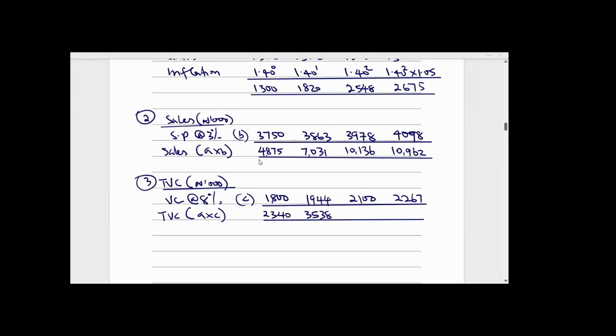So the third year, 2,548 multiplied by 2,100 equals 5,351. Then year 4, 2,675 multiplied by 2,267 gives 6,064. So let's go and post it.